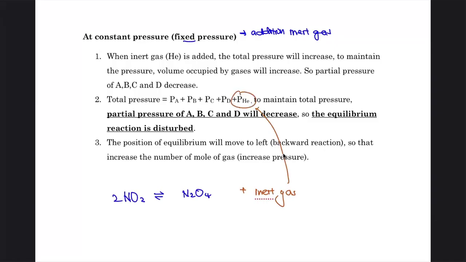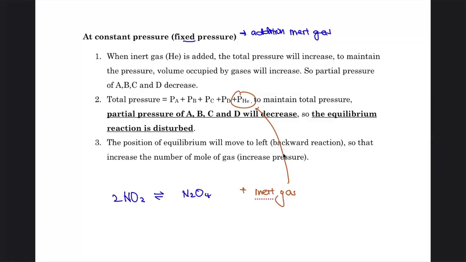To maintain the pressure, what do I need to do? Due to the inert gases that were added, the container must expand to keep the pressure constant.